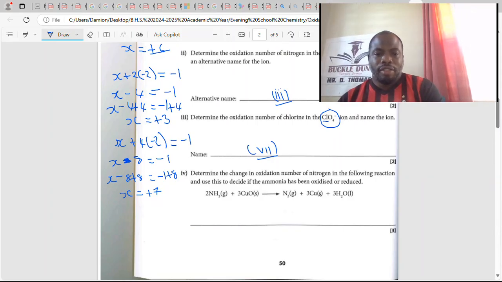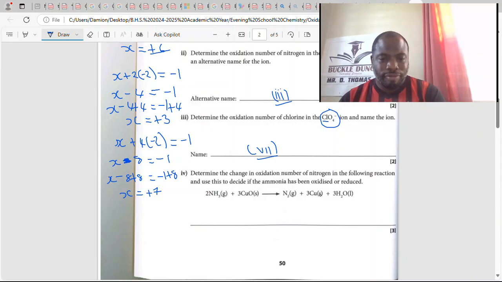So quickly, we said to determine the change in oxidation number of nitrogen in the following reaction, and use this to deduce if the ammonia has been oxidized or reduced. Looks like we see the equation here already.